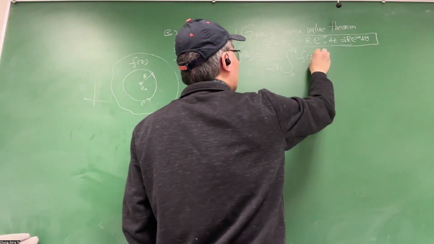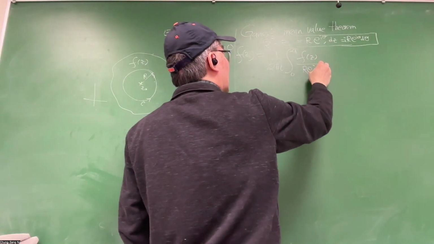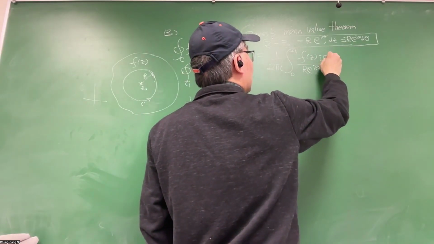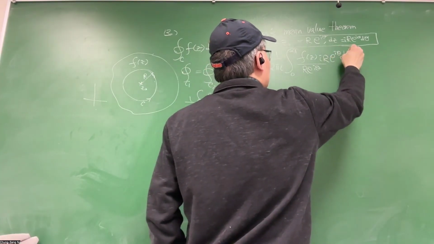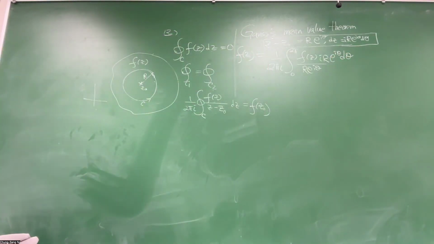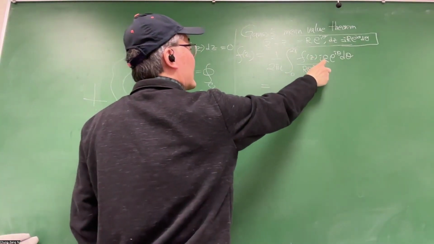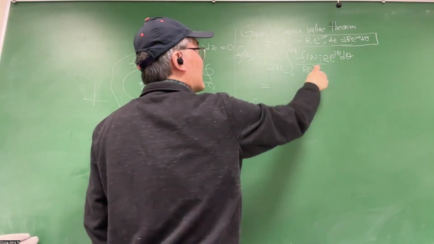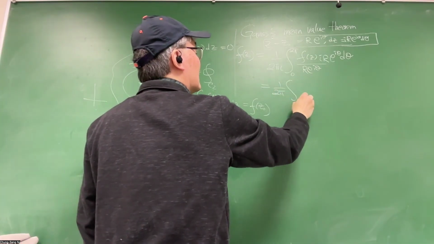The denominator is R e to the i beta. The numerator is i R e to the i beta. Then obviously lots of cancellation: cancel i, cancel capital R, cancel e to the i beta.